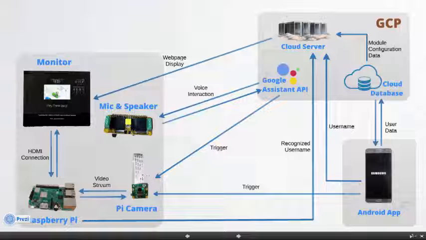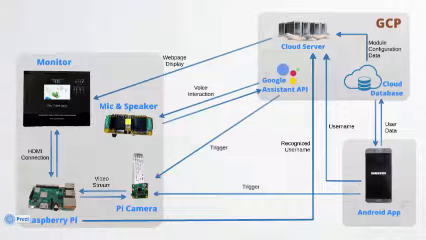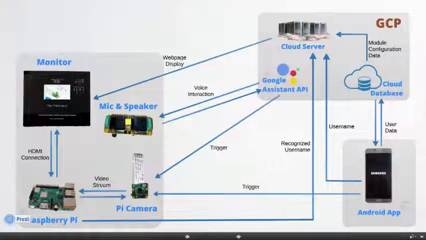We run a TCP server to handle requests of collecting user photos or refreshing the DIY mirror web page. The user will use mic and speaker to interact with Google Assistant, and then the monitor will display the web page rendered by server-side code of the Magic Mirror project.